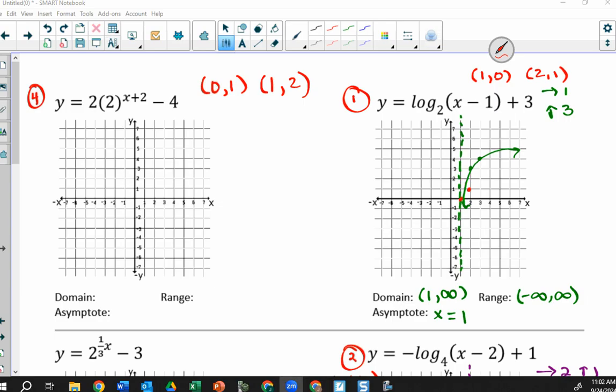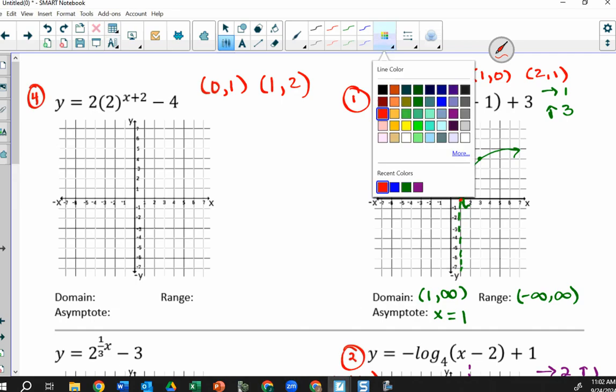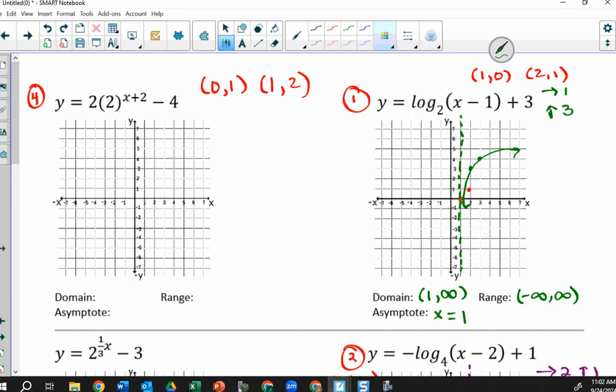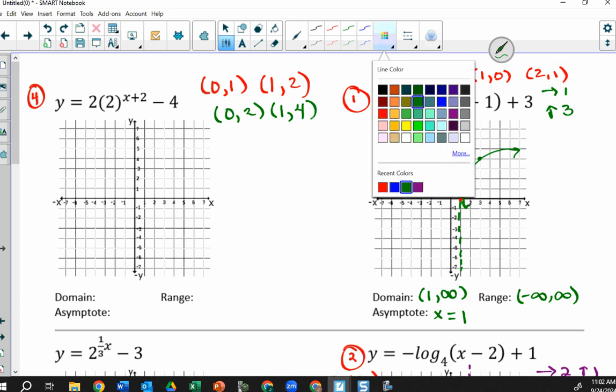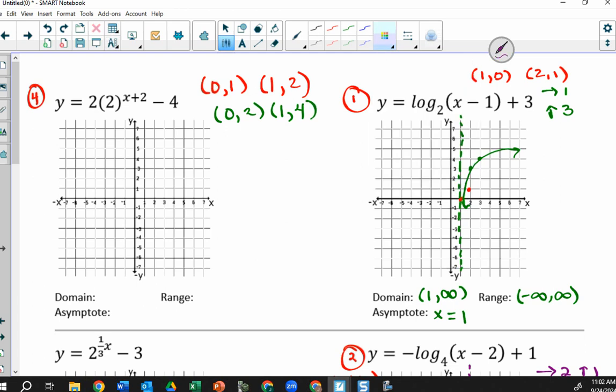4 minus 0. So you're shifting. Shifting 1, 2 back, 1, 2, 3, 4.